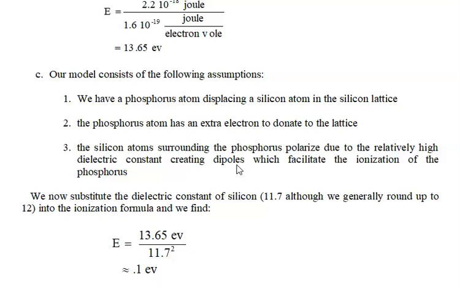Okay, in the following assumptions in our model, we said the phosphorus atom displaces a silicon atom, and of course that is indeed the case. And the phosphorus atom has an extra electron to donate to the lattice, and the silicon atoms surrounding the phosphorus polarize due to the relatively high dielectric constant, which facilitates the ionization of the phosphorus.